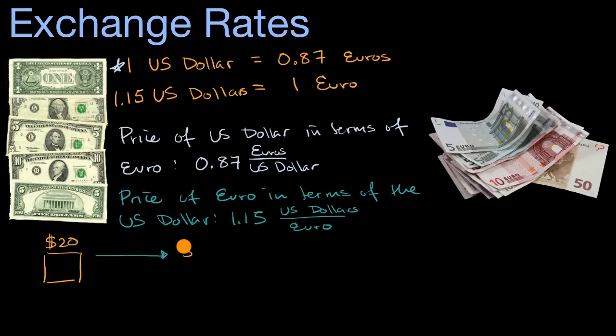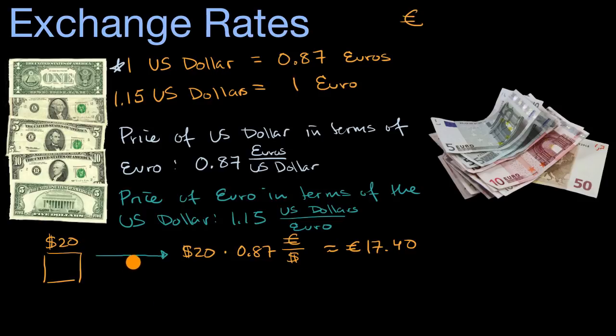So we could say $20 times 0.87 euro per dollar. This symbol right over here is shorthand for euro. And so you are going to get approximately 17.40 euro.